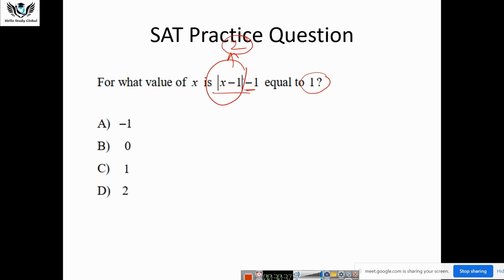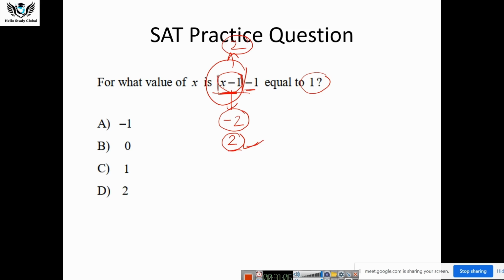Okay, so when do we get this as 2? When the value under the modulus function is either minus 2 or plus 2, right? When is it going to be minus 2? When is it going to be plus 2? When x minus 1 would be plus 2, when x would be 3. 3 minus 1 is 2, no?